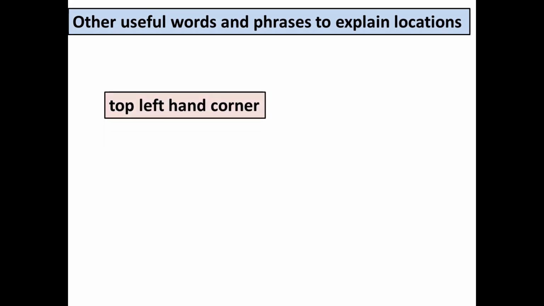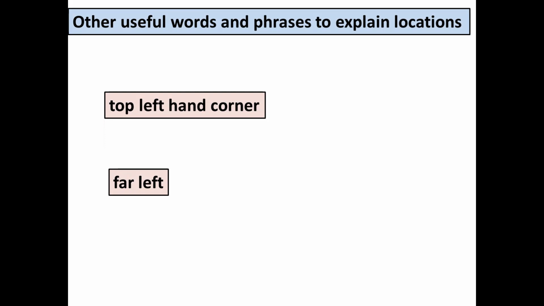Other useful words and phrases to explain locations are top left-hand corner or top left corner, top right corner, far left. So what do we mean by far left? Extreme left, okay?